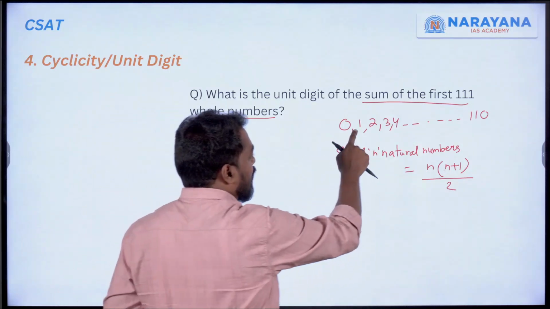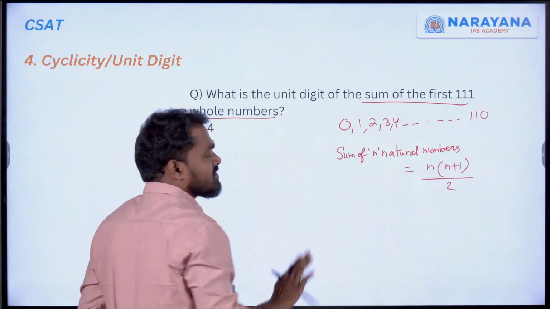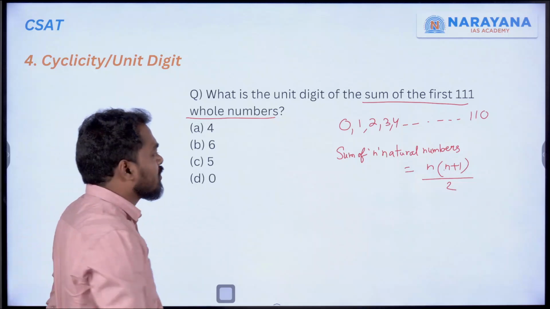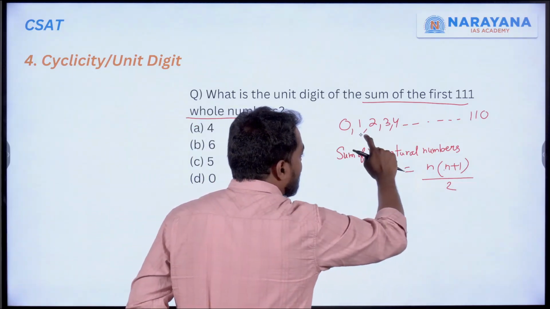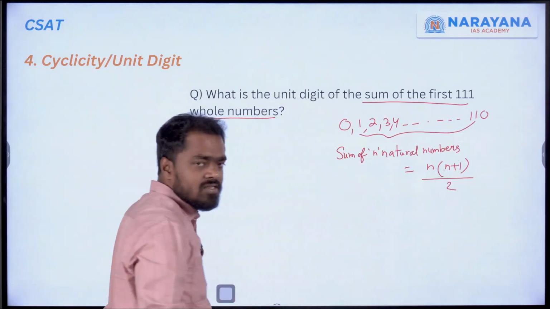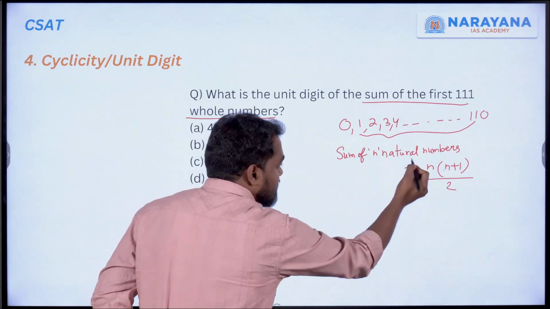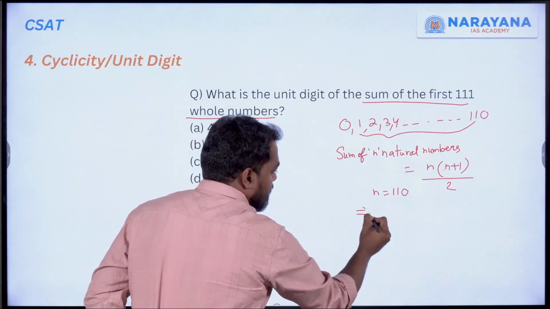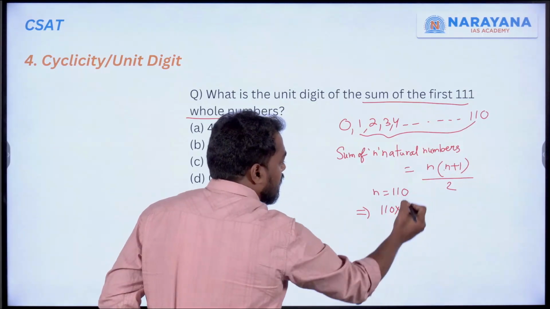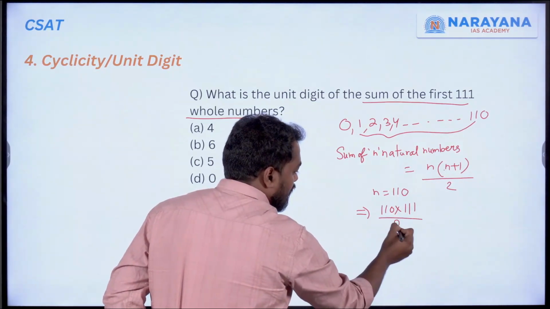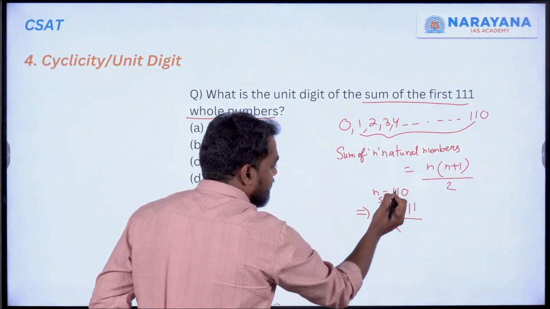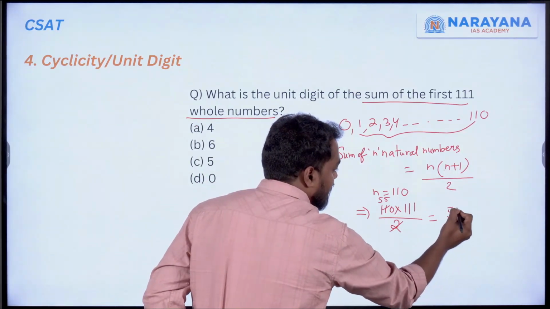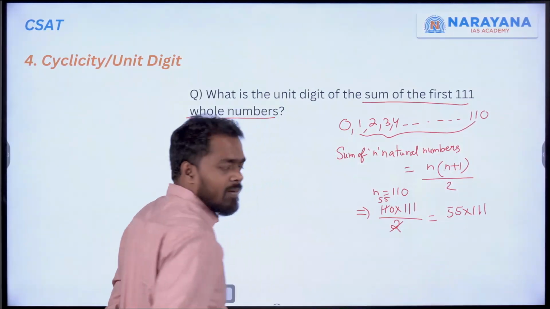That is nothing but 1, 2, 3, 4 up till 110 plus 0. If you are adding 0, it doesn't matter. So you have to find the sum of natural numbers from 1 to 110. So what is the n value? That is 110. Find the sum. 110 into 111 by 2. This is nothing but 55 into 111.